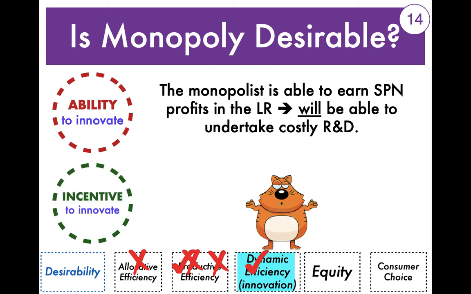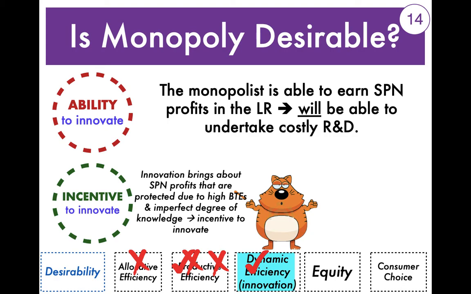In terms of incentive, it is more debatable because on one hand, innovation will bring about supernormal profits which are protected by high barriers to entry to the monopolist industry and the fact that there is imperfect knowledge, which will also protect its fruits of research and development and innovation, right? So in view of this, the monopolist has the incentive to innovate.